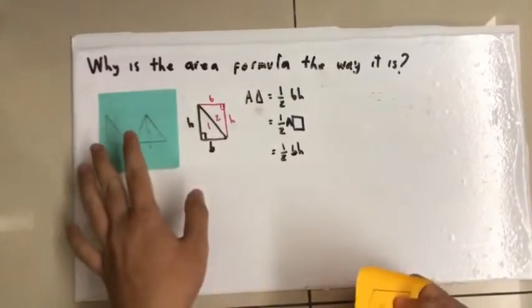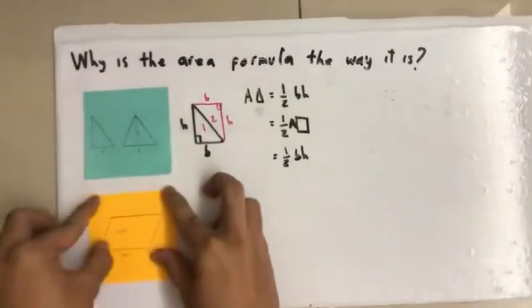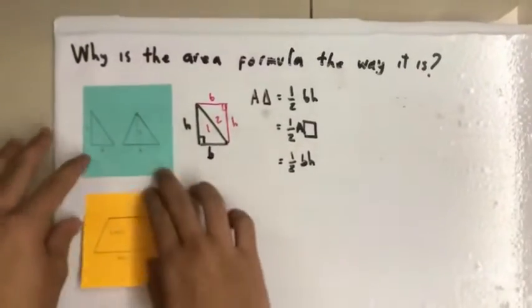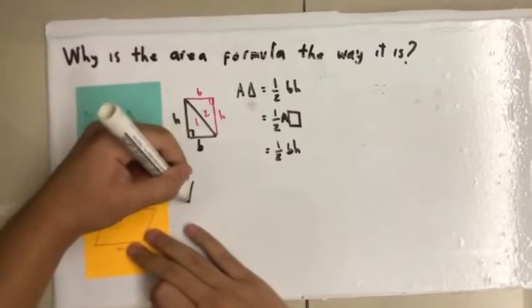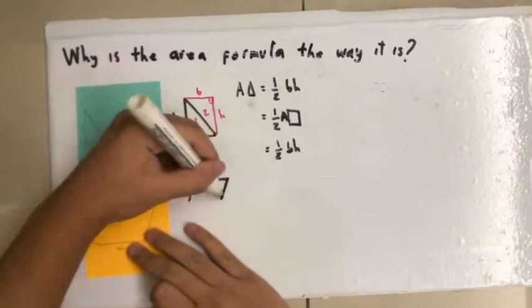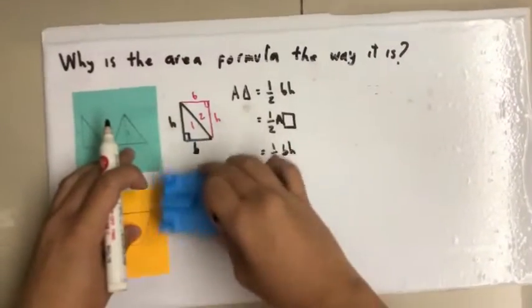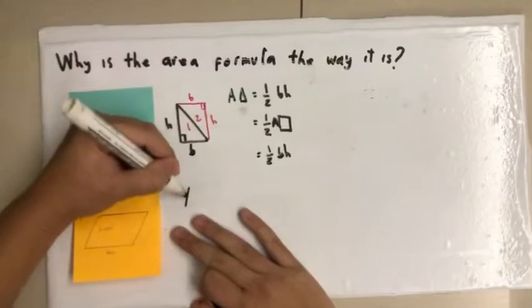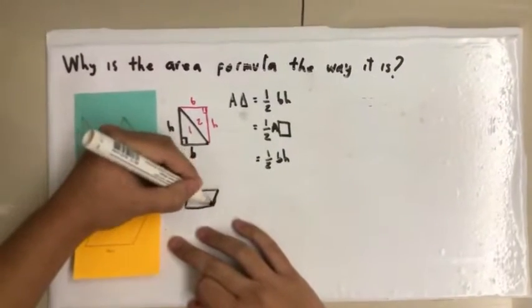The other types of triangle other than right angles, we're going to see why the formula of a parallelogram is the way it is. The area of a parallelogram, let me draw a parallelogram first. Okay, let's just say that this is a parallelogram, right?